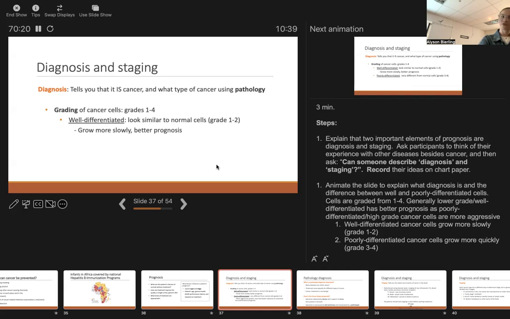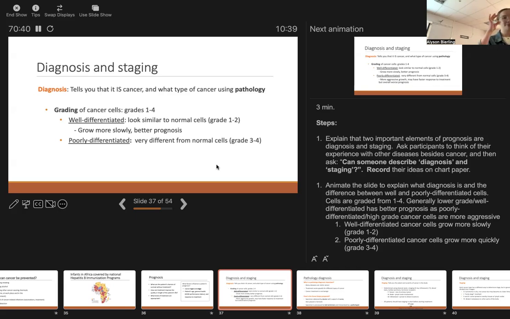Well-differentiated cancers typically grow more slowly and have a better prognosis. Poorly differentiated cancer cells look very different under the microscope from a normal cell, and so that would be grade 3 or 4.